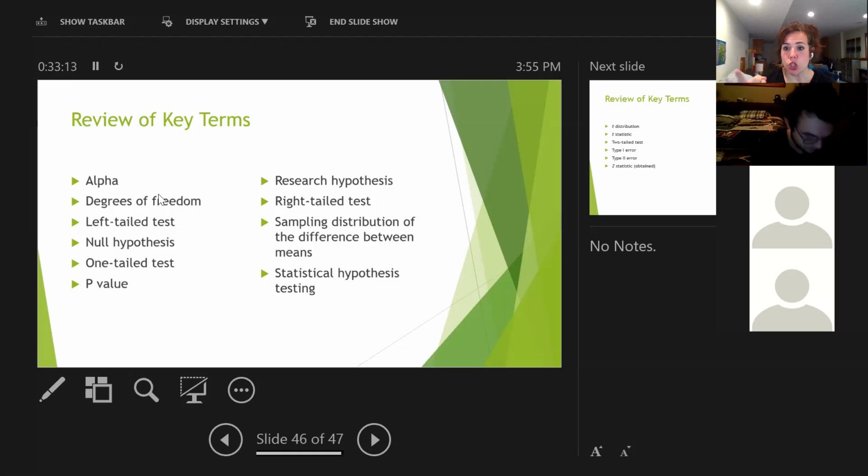Then you need to know what are the degrees of freedom, and how do you calculate it? You need to know the difference between a left-tailed, right-tailed, and more generally, a one-tailed test versus a two-tailed test. What is a null hypothesis versus your research hypothesis? What's the p-value? And when would you be using a t-test versus a z-test?